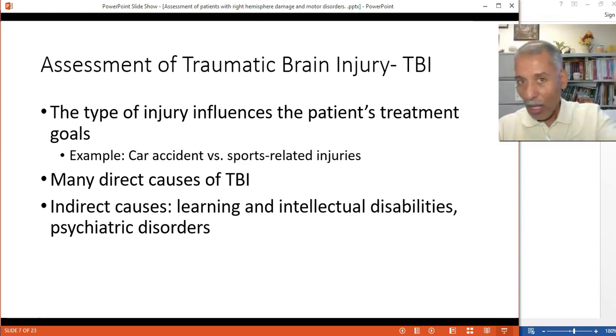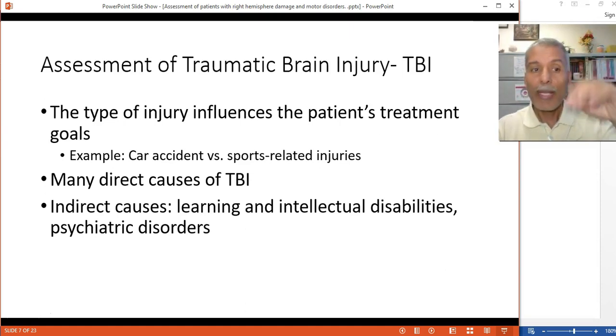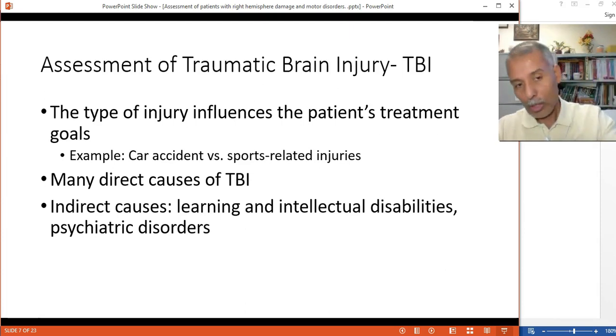So the physical damage to the anatomy of the area here is the direct cause. If it's a car accident, whatever it is, whether the skull breaks or there's no break, the area of the brain beneath that area is impacted and damaged, then that is the direct anatomic cause of the problem.